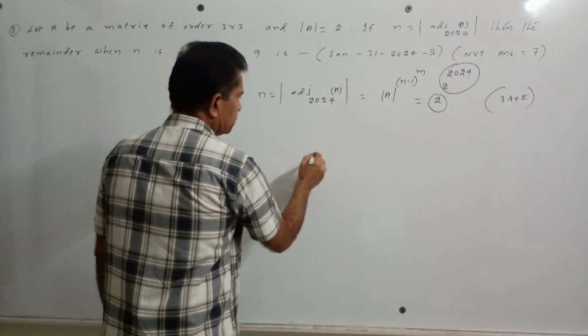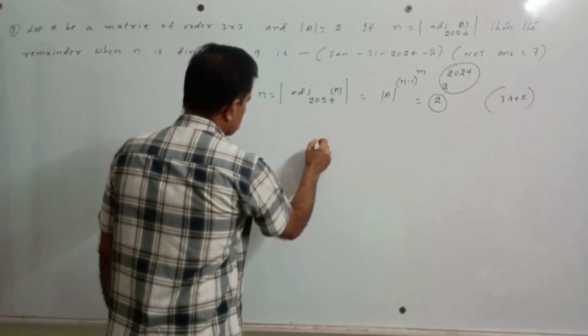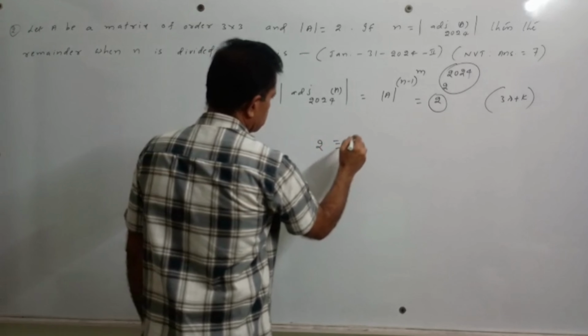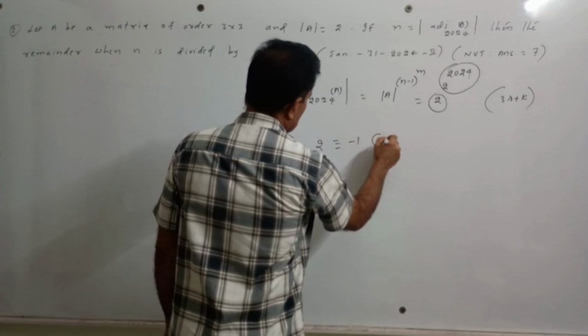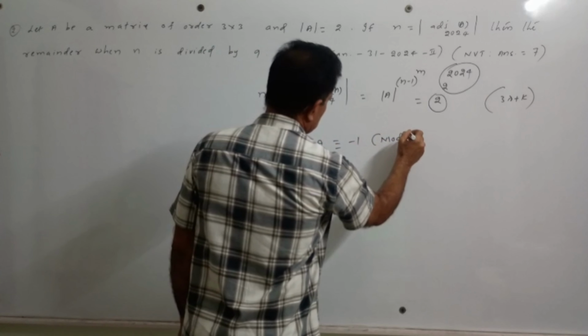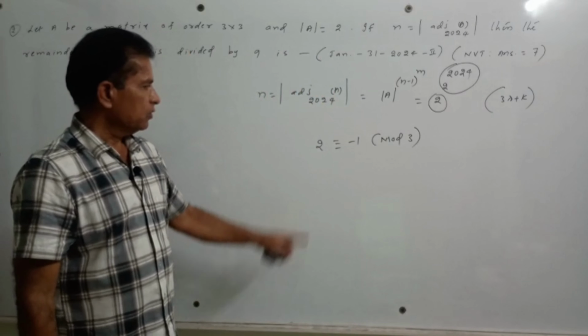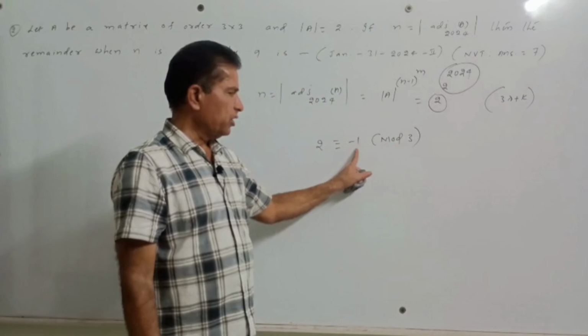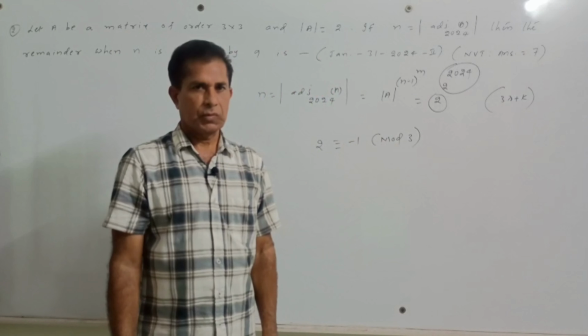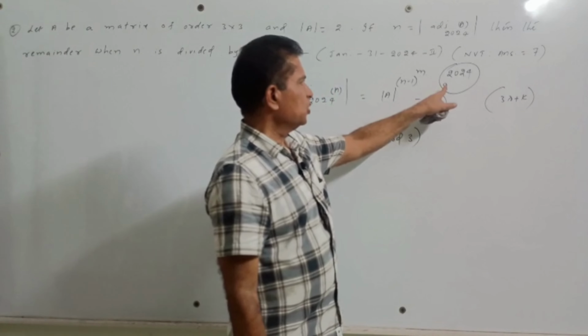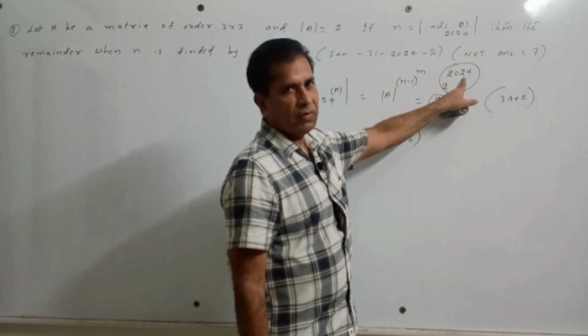Now see how I can convert the exponent in terms of 3 lambda plus k. Let us consider 2 is congruent to minus 1 modulo 3. So when 2 is divided by 3, the remainder is minus 1. Here the exponent is 2 to the power of 2024.